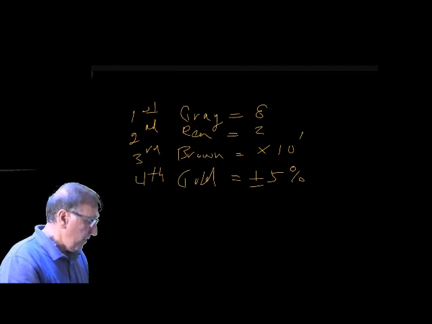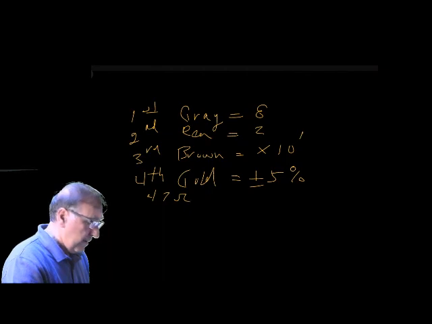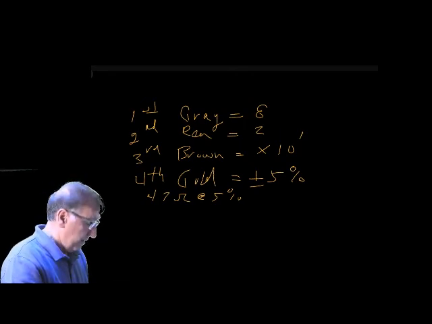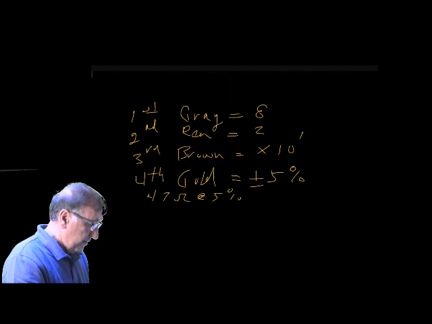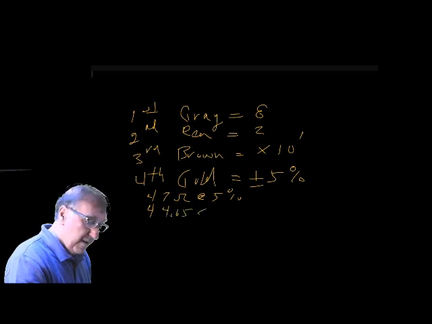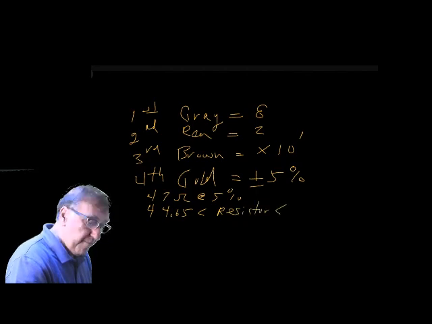So let's just say we had a 47 ohm resistor at 5% tolerance, which means the range of the resistor would go from 44.65 to 49.35.